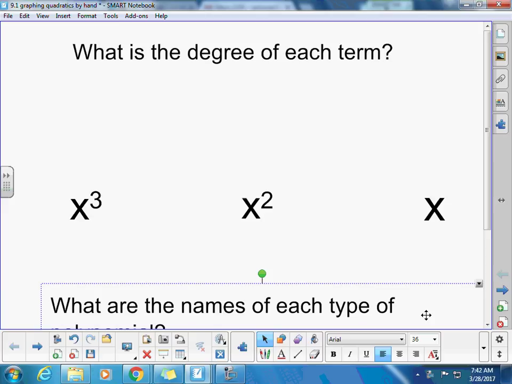This starts off a little bit of the review of what we were talking about before. We're talking about the degree of each term in a polynomial. So if we have x to the third, that's a third degree. And remember, third degree polynomials are called cubics.